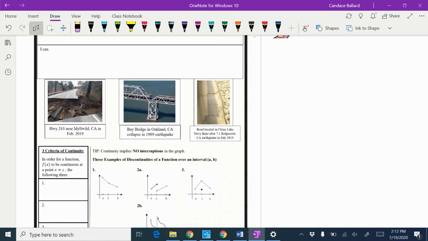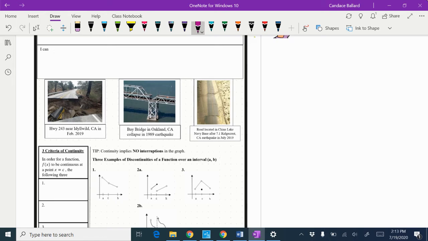When I was thinking about continuity and things being discontinuous, it came to mind that we've had some events here in California, even some of them so recently as 2019, where we had things that made roads discontinuous. So we had Highway 243 up near Idlewild in February 2019, where a big rainstorm washed it out.